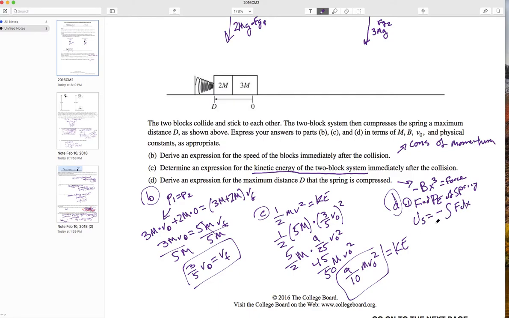Potential energy is the negative integral of force, and we want to know in terms of D, so we want to know from 0 to D what the value is. So let's do this integral. So we have the negative integral from 0 to d of negative beta x to the third.